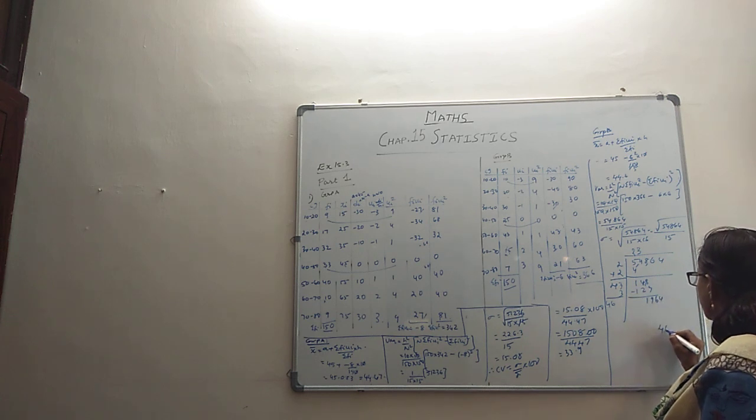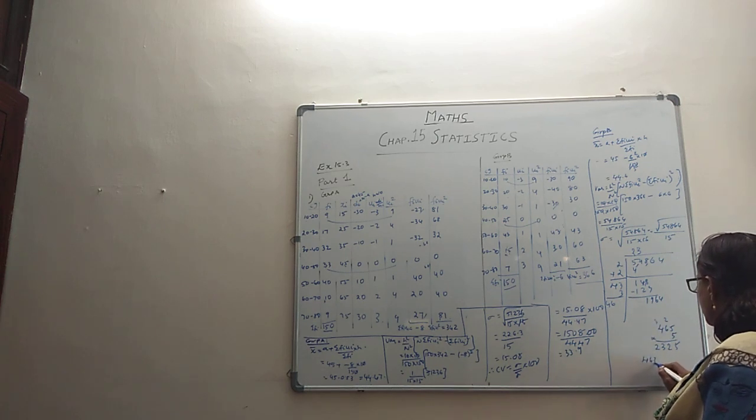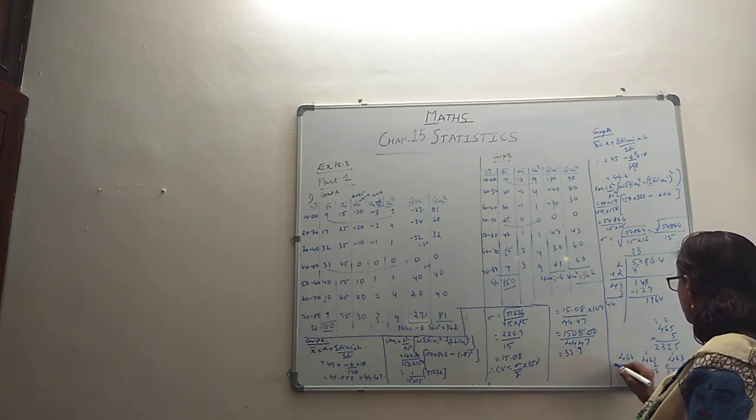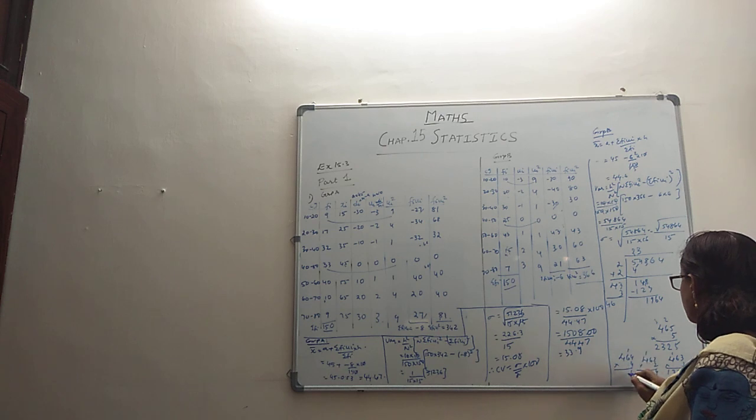So the multiplier is 5, 465. 5 5s are 25, 32, 23 is high. So 2. 2 2s are 4, 6 2s are 12, 4 2s are 8 and 1, 9, 24. 463. 3 3s are 9, 6 3s are 18, 12 and 1, 13. 4 if you want, 464. 4 4s are 16, 24 and 1, 25, 16, 17, 18.